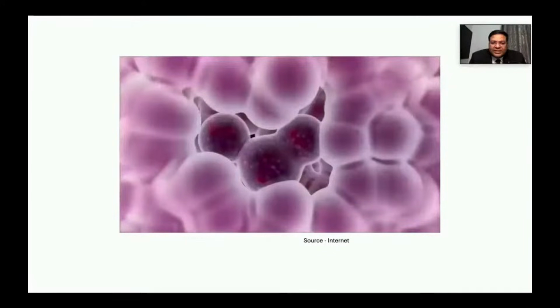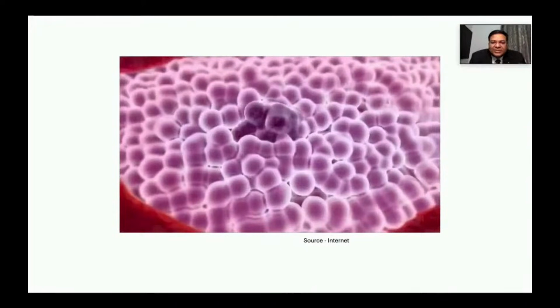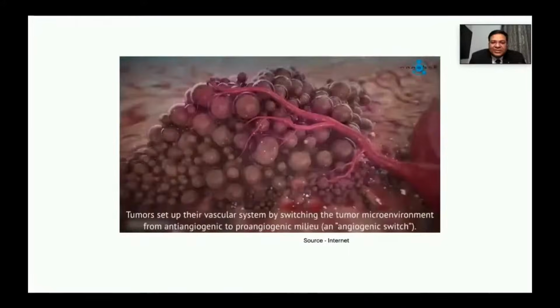Eventually it spreads to other places, called stage 4 disease, and starts taking blood supply at that place and starts to grow there. So this is cancer.